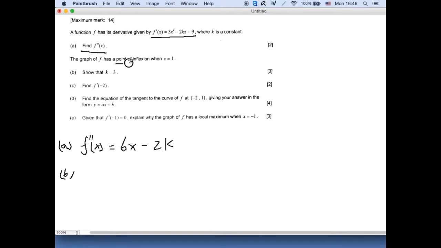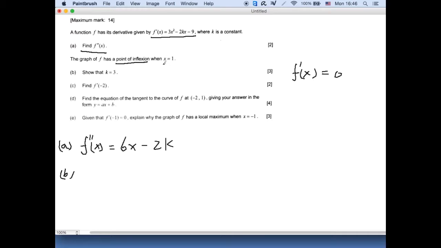And then the point of inflection. As we know, when the first derivative equals 0, that is a stationary point, which means it can be a maximum or a minimum point. But when a function has a point of inflection somewhere, that means the second derivative at that point is equal to 0.